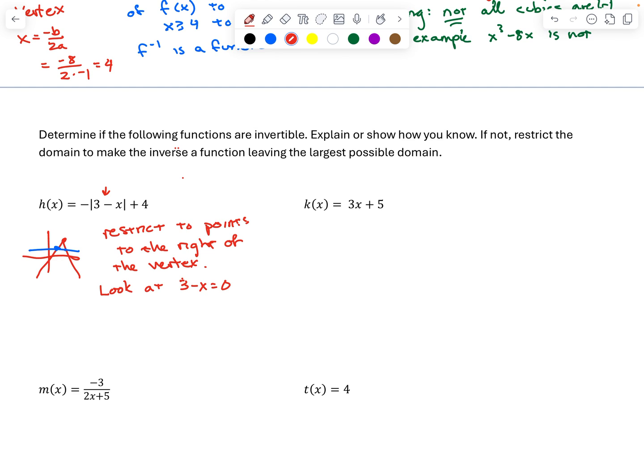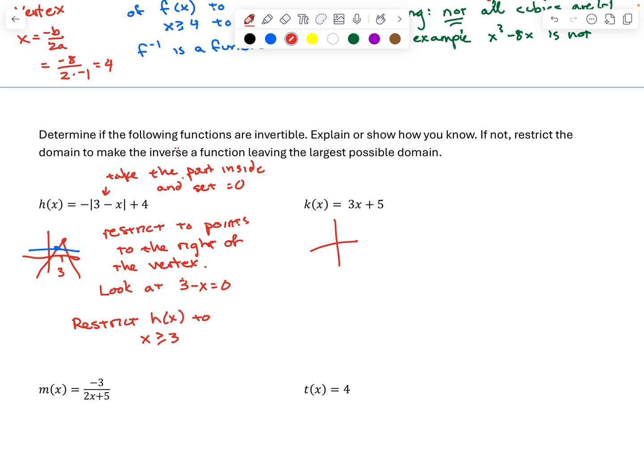So we take the part inside the absolute value. So that's going to be x equals 3. Restrict to points greater than or equal to 3.